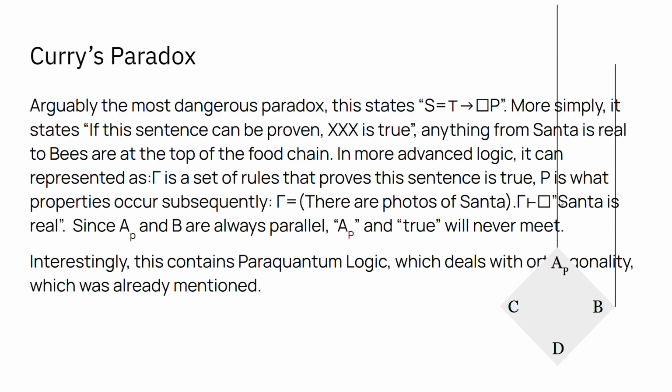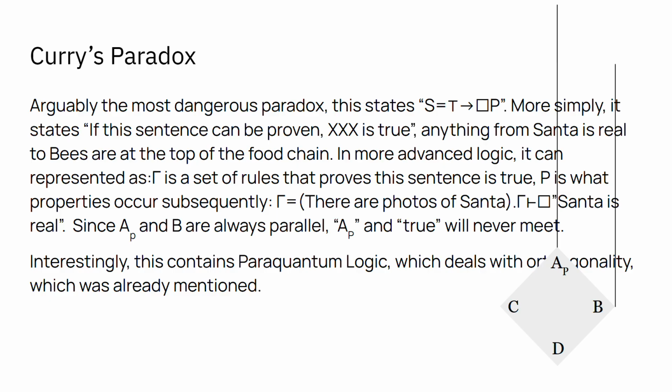Finally, Curry's paradox says that if a sentence is true, then this property is true in all possible worlds. More simply, it states if this can be proven, XXX is true. You can prove that Santa is real using this.